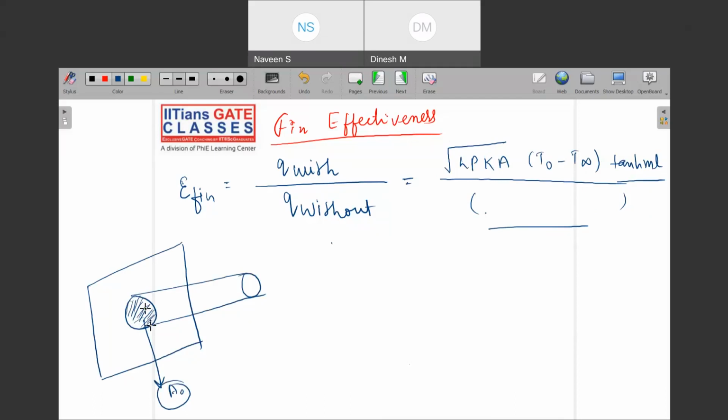Why? Because you are installing the fin in some particular area, so what you are trying to calculate is the enhancement with respect to that particular area only. So if I am willing to find Q without, I am willing to find about this one only. So what is this one? This is without the fin. So without fin, what happens?